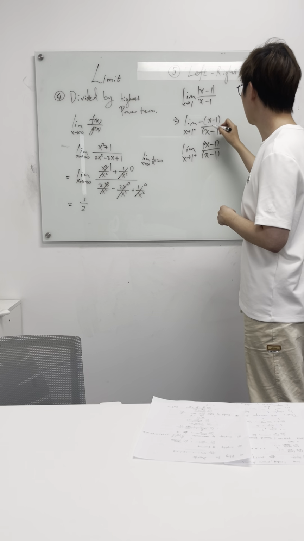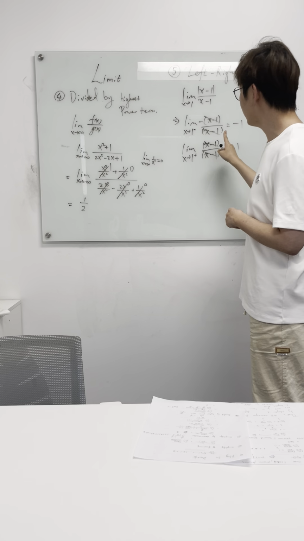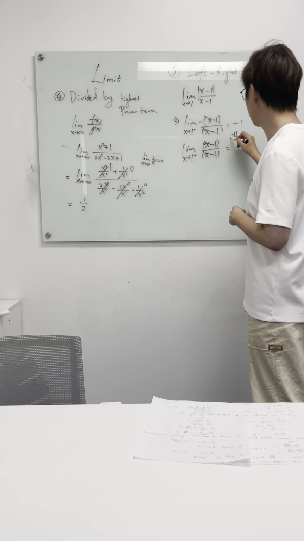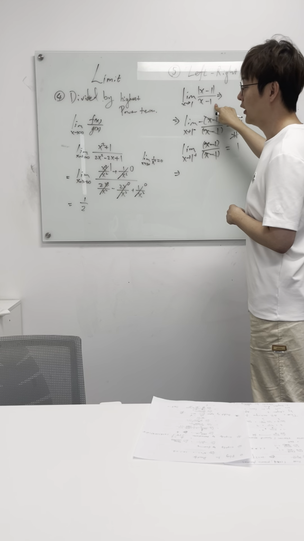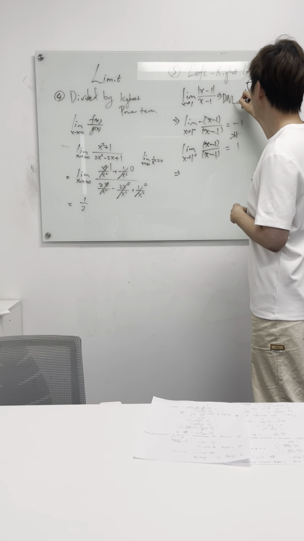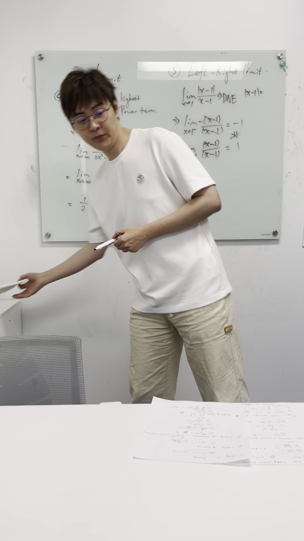For any x bigger than 1, we have just x minus 1 divided by x minus 1. This part you can easily say is negative 1, and this part is positive 1. The left side and the right side are not equal to each other, so we say this limit does not exist.